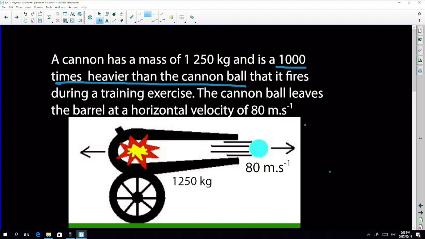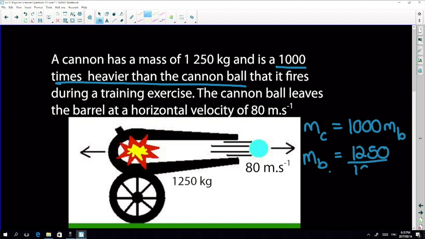So watch. The cannon is 1,000 times the mass of the cannonball. So that means the cannonball is going to be 1,250 kilograms divided by 1,000. So it's 1,25 kilograms. Don't get freaked out about the fact that you weren't given the mass. You have to work it out. Okay, it makes this a little more difficult.